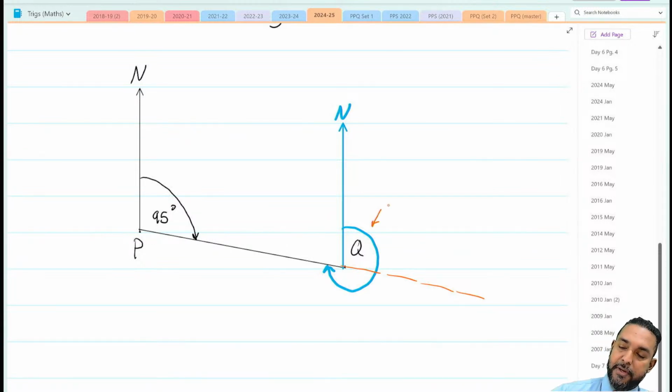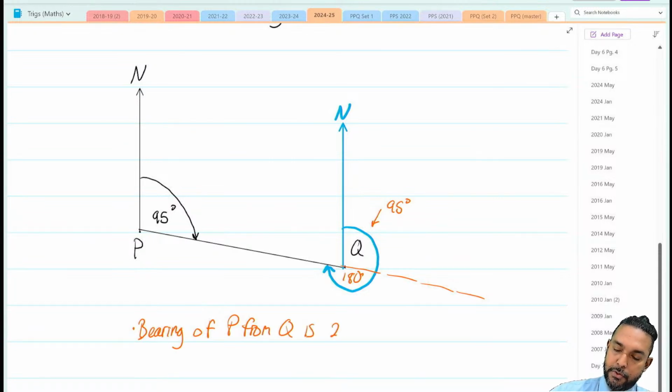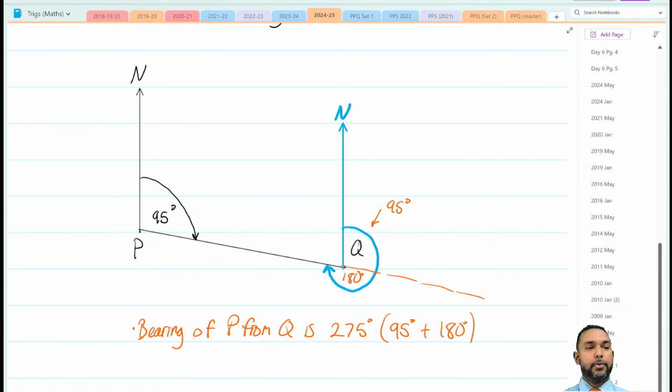This piece on top here is the F angle, 95, and this one down here is 180. So the bearing of P from Q is the sum of those two, so 275 degrees.